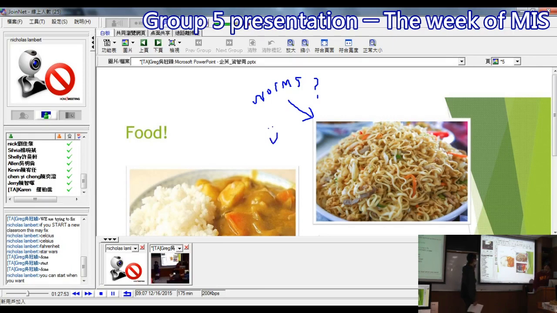That is fried noodles. Do you know that? Yes. Okay. The food is very simple, but it's delicious, and it can satisfy the people who come to our activities.